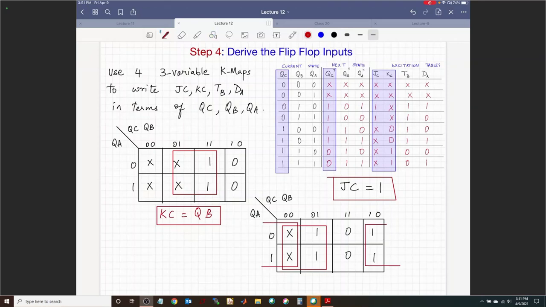So for this one, TB equals QB complement or QC complement. Is that okay? QC NAND QB, yeah, QC NAND QB also works. All right, so that's your TB.